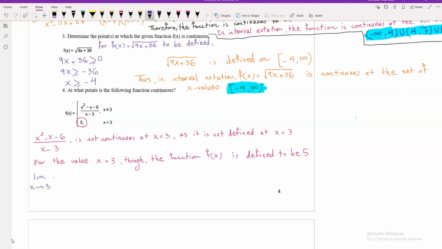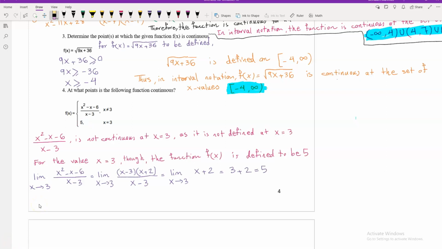So our limit, here I factor what we had in numerator. And now simplify, we have limit of x plus 2 as x approaches 3. So 3 plus 2, and here the answer is 5.